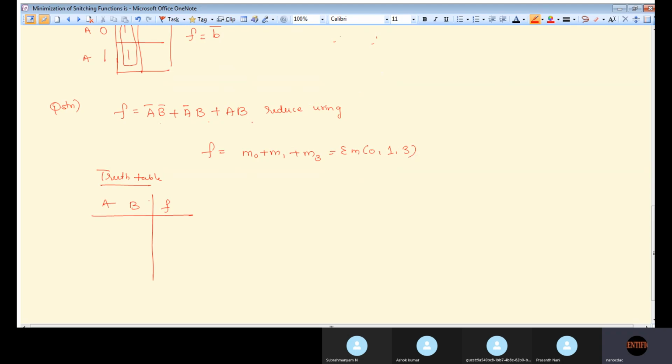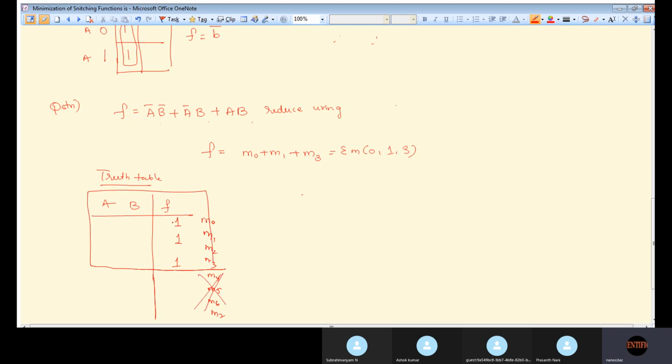If you are implementing this function, you see m0, m1, m2, m3, m4, m5, m6 and m7. Here they have already given 1 at 0, 1 at 1, and 1 at 3. These others will not be there, since it is only a 2 bit function, so these terms will not be there.